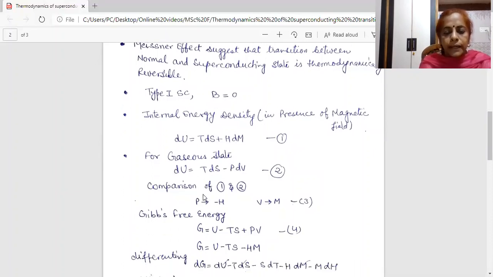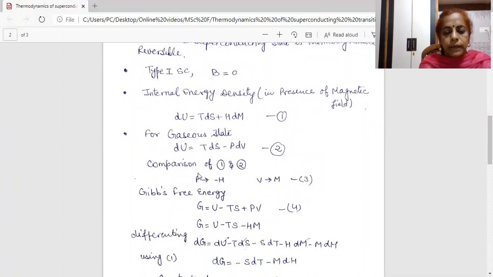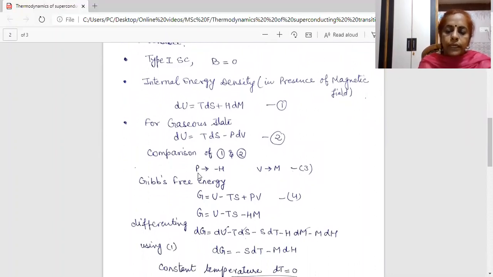Now we know that when we consider thermodynamics for a liquid-vapor phase transition, we write the Gibbs free energy formula as G equals U minus TS plus PV. Here I have already obtained the values of P and V by comparison of these two expressions.